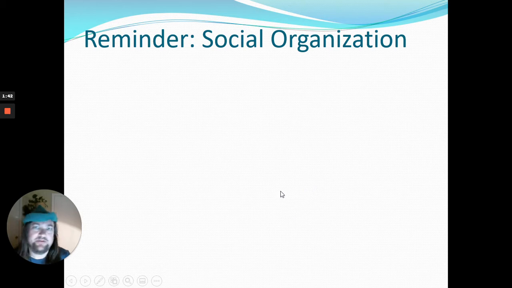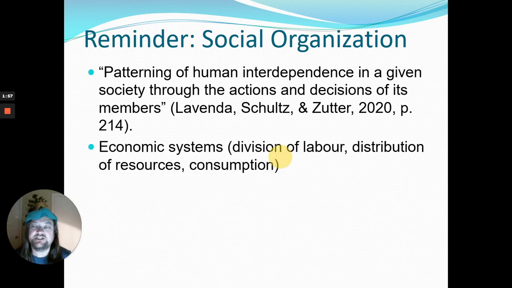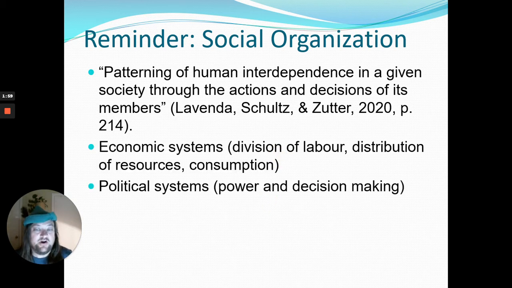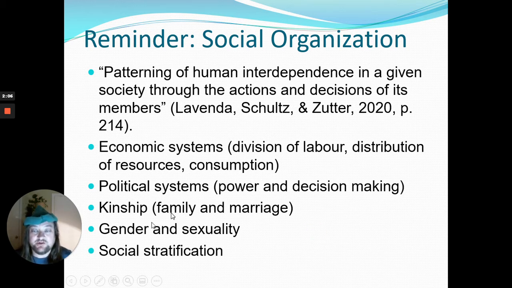Again, this slide might look familiar by now. It's the third or fourth week in a row that it's been there, and it's just a weekly reminder that everything we're talking about in this section of the course is interwoven, because we're talking about this idea of social organization that includes all these things here. By the end of this week, we'll have covered everything except social stratification, which is our topic next week, and you'll see very close links with this week's material.